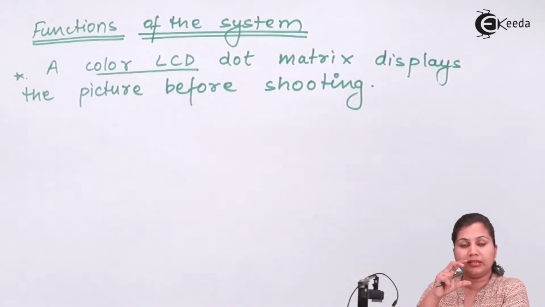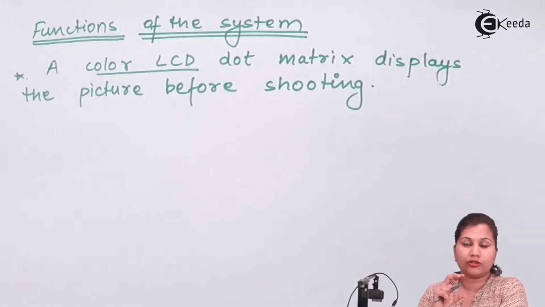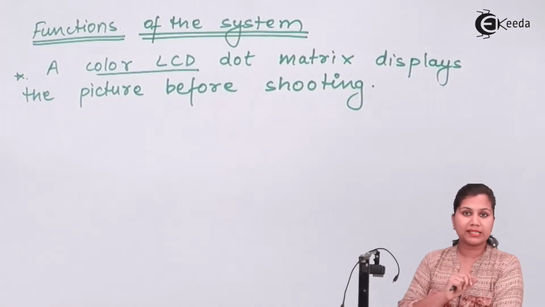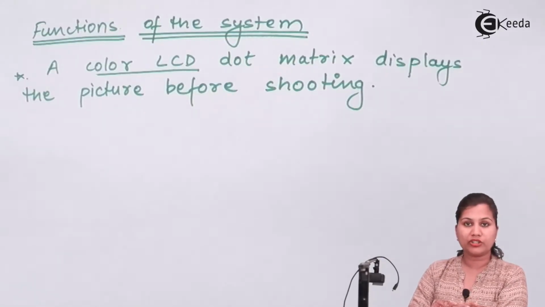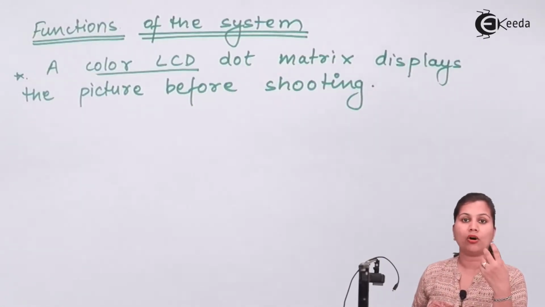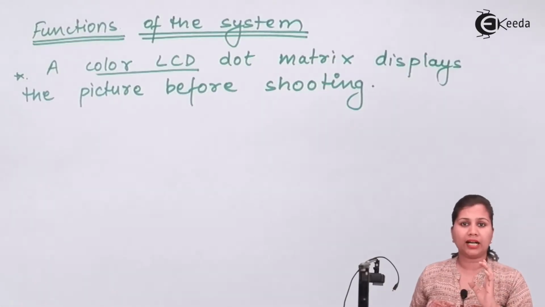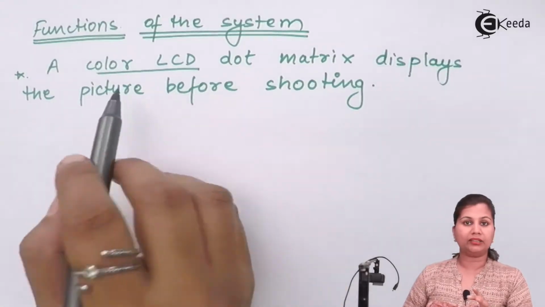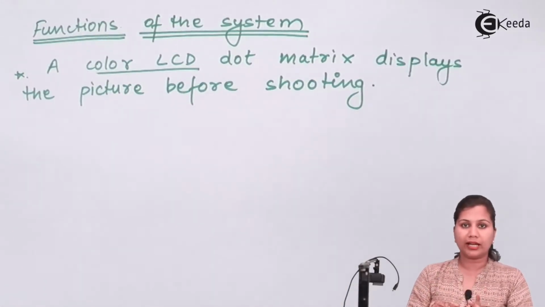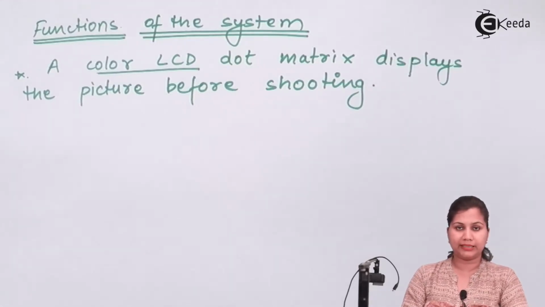Now when the user sees the image of that object on the LCD screen, manual adjustments can be done. If you want to change the brightness, intensity or contrast, or any color changes are to be done, then at that time when the user is seeing the image through the LCD screen, the user can do those manual adjustments.